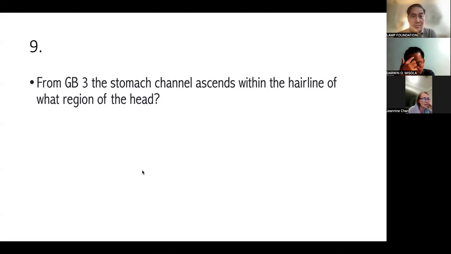No. Di ba? GB, Stomach 8. Temporal region. To meet what? Stomach 8. So from GB3, the stomach channel ascends within the hairline of the temporal region of the head.